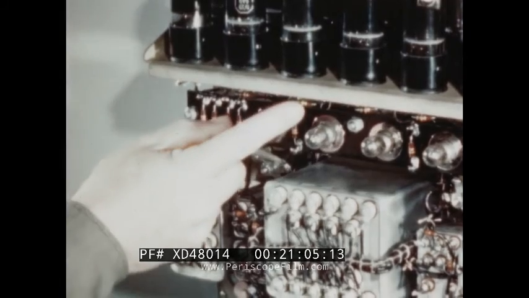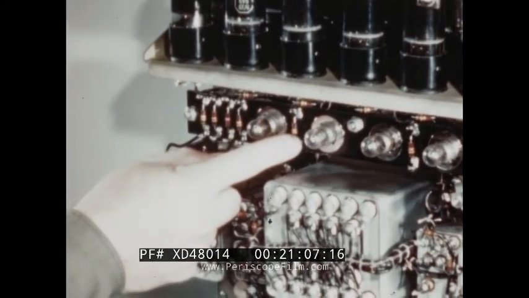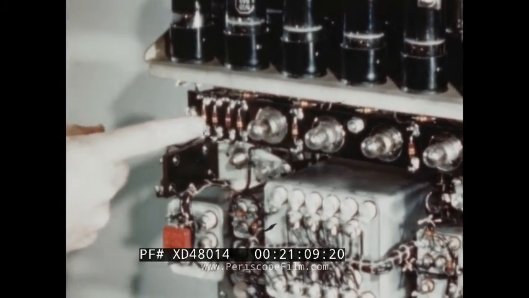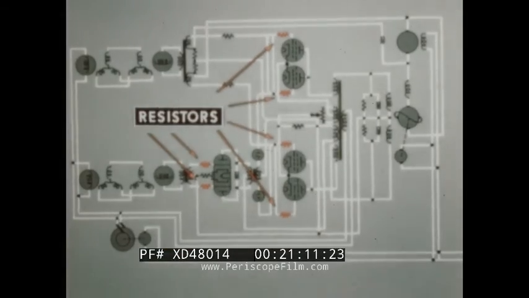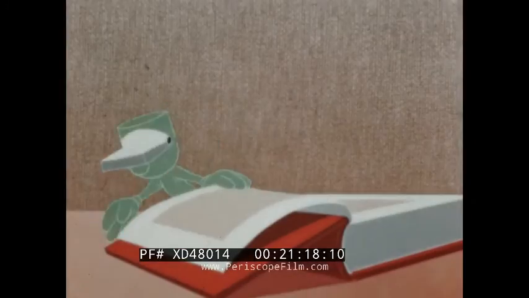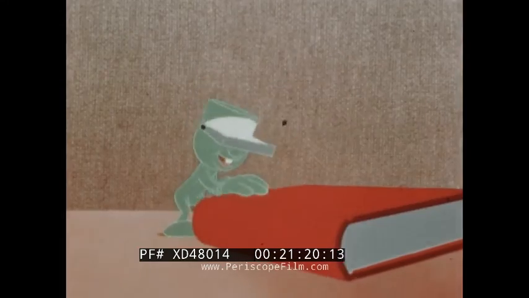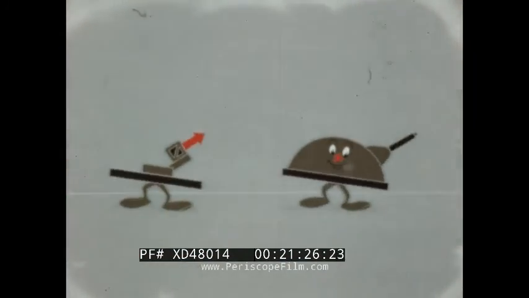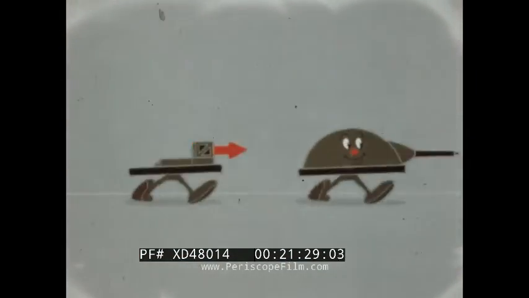Resistors are connected into the circuit to protect the tube grid and to control the bias voltage on the cathodes of the tube. And now, with the circuits completed, we see why any motion of the sight is faithfully followed by the gun.